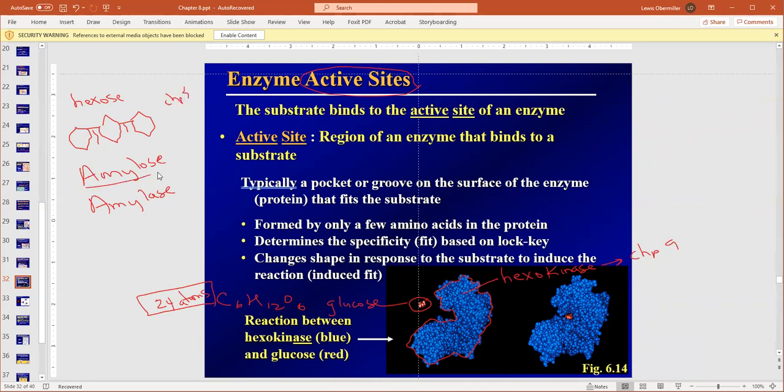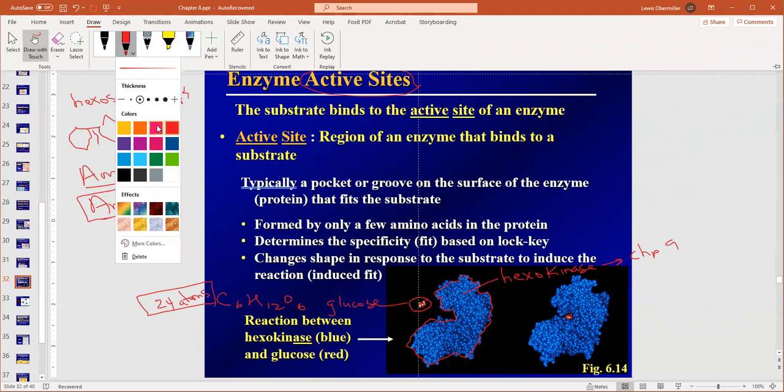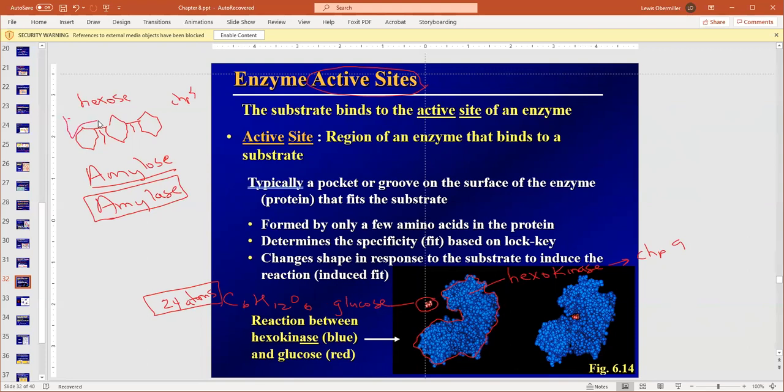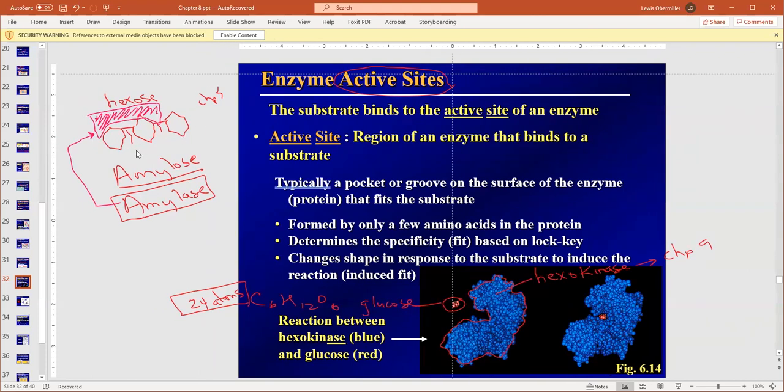So amylose is long chains of glucose, and in order to digest that, to release the energy, you have to break it down. That breakdown starts in your mouth with this enzyme amylase, and amylase fits over amylose. Amylase has a specific shape, and it goes across two glucose molecules. Sorry, this is the amylase, and this one is amylose.